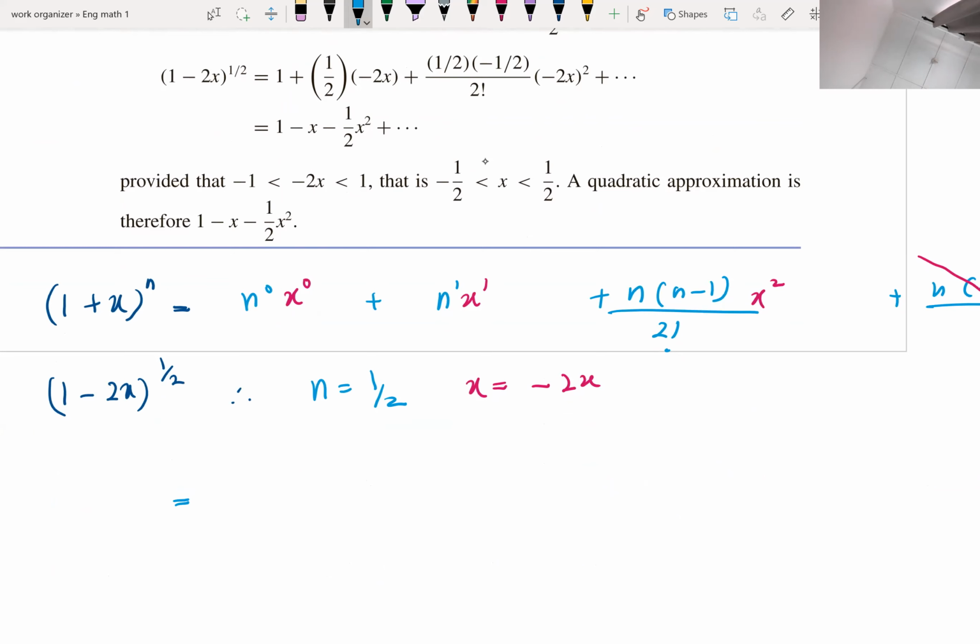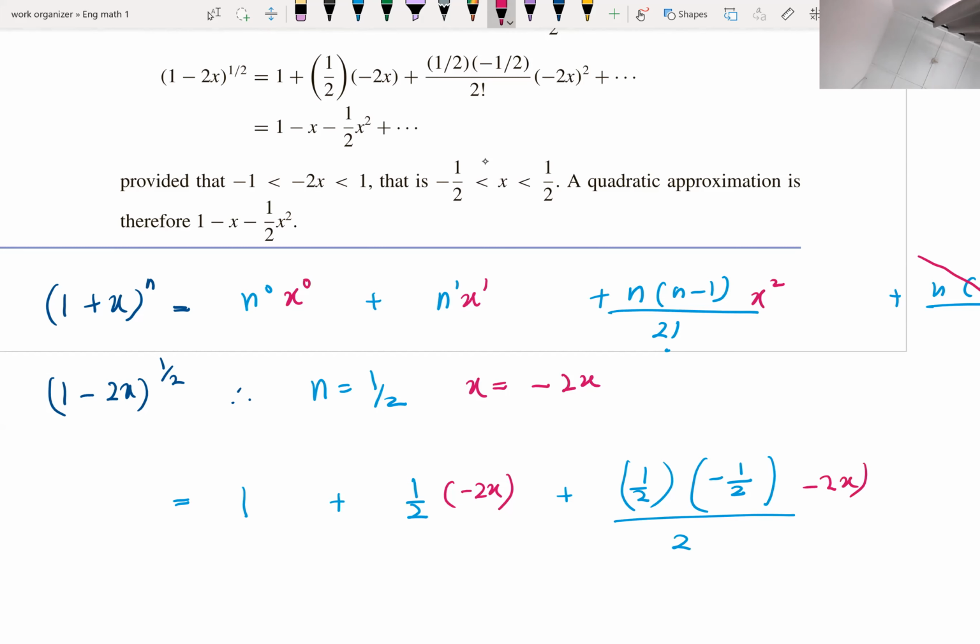For the first term, it will be just equal to 1, and then plus 1 over 2 times negative 2x. Then this one, 1 over 2 minus 1 will be equal to negative 1 over 2, and then this one is 2, and x is negative 2x squared.